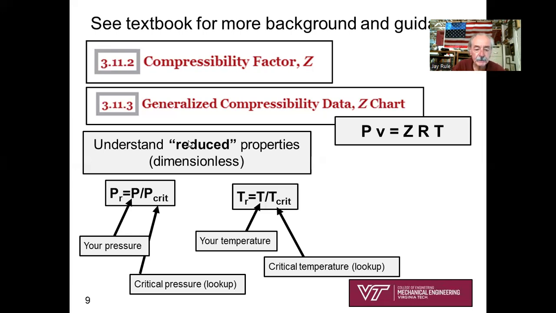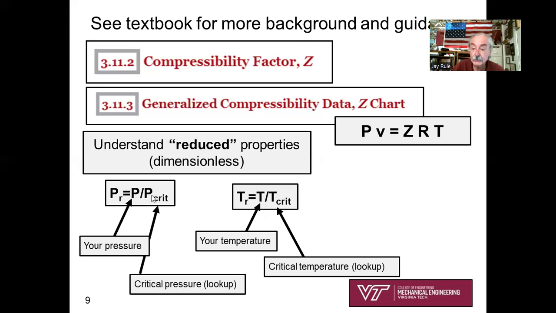You have to understand what's called reduced properties, P sub R and T sub R. So, a new definition, but it's easy to remember. P sub R is called reduced pressure. T sub R is called reduced temperature. It is dimensionless. Look at it. It's your pressure, P, divided by the critical pressure. So as long as you get your units straight, P_R is a dimensionless number.